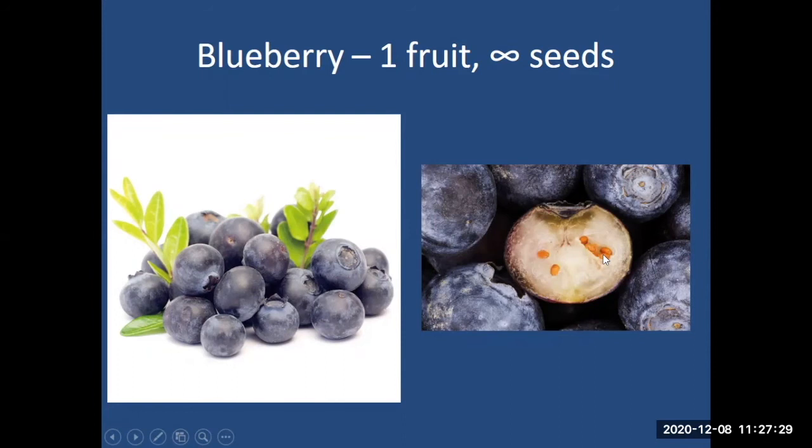Little seeds might get caught in your teeth. And you spit them out. And that's what the blueberry wants you to do. It either wants you to spit the seeds out or it wants the seeds to pass through your digestive tract and be deposited somewhere along the way as you're moving through the habitat. Bears, of course, are the big eaters of blueberries, and some birds.